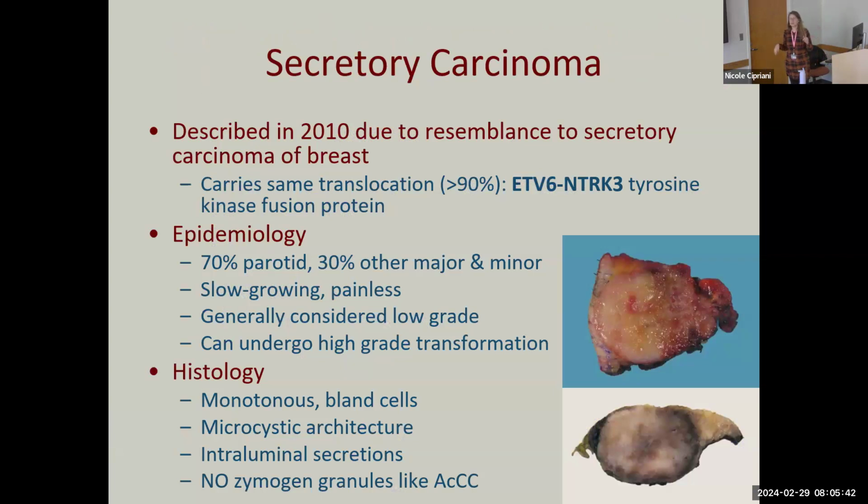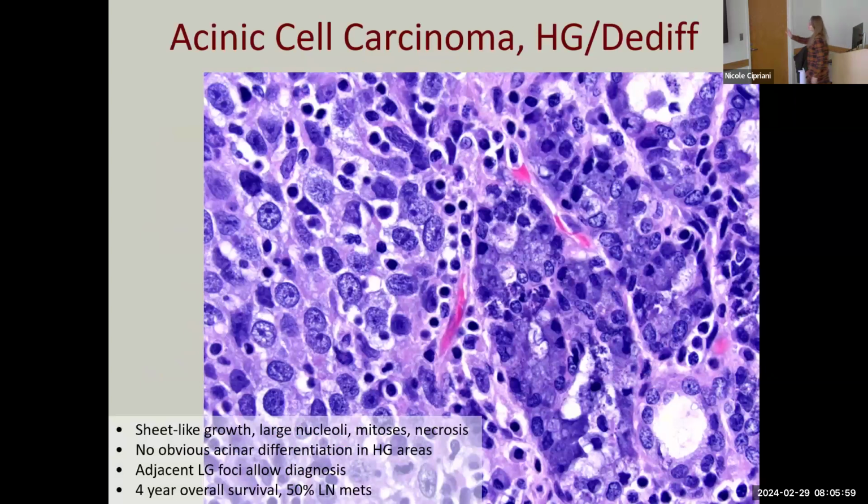I put secretory next to acinic because secretory carcinoma was described out of what used to be thought of as the microcystic variant of acinic cell carcinoma. Sometimes acinic cell carcinoma has these small acini or microcysts, and there were zymogen-poor microcystic variants of acinic.